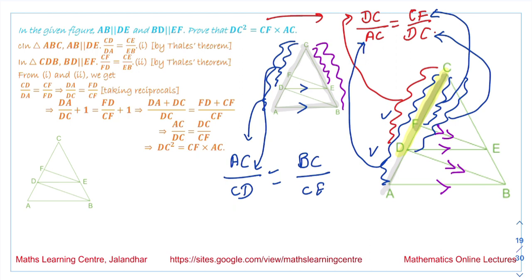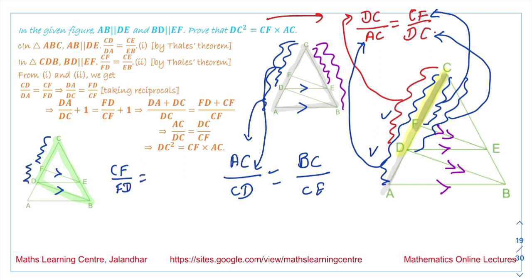Similarly, if we consider the triangle CDB, these two sides are parallel to each other. Now if these two sides are parallel, what we get is CF over FD.